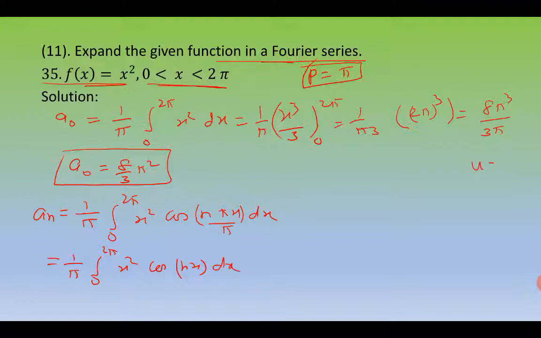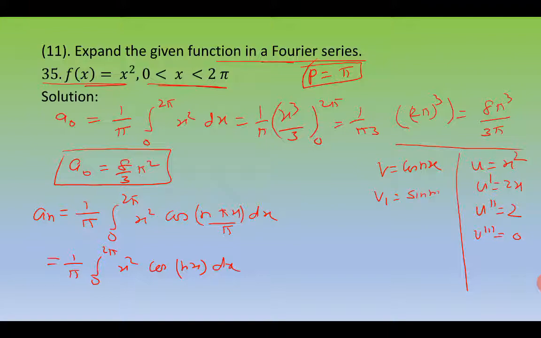Use the uv method: u is x squared, u prime is 2x, u double prime is 2, u triple prime is 0. Take v as cosine nx, v1 is sin nx over n, v2 is minus cosine nx over n squared, v3 is minus sin nx over n cubed.